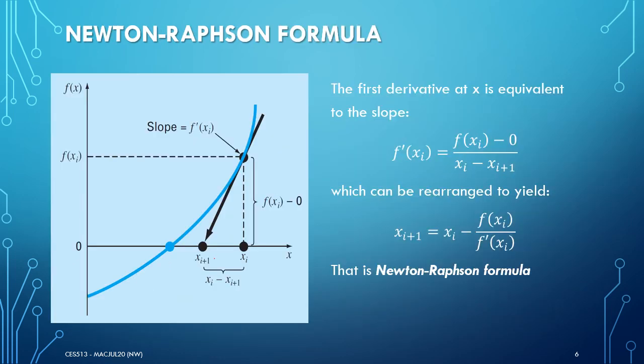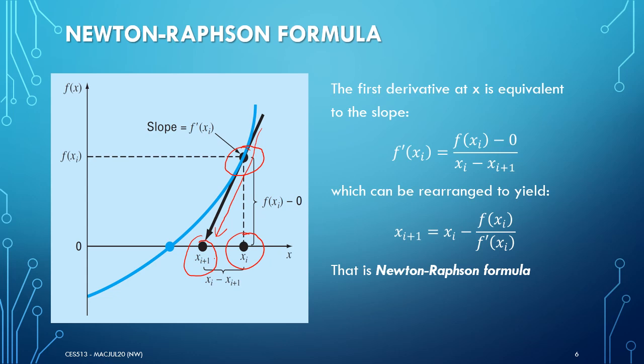The Newton-Raphson formula can be derived from the geometrical interpretation of the figure here. If we have an initial estimated value xi of the root, a tangent can be extended from the point xi, f(xi). If this tangent is extrapolated to the x-axis, we get the new estimation of the root, which is xi plus 1.